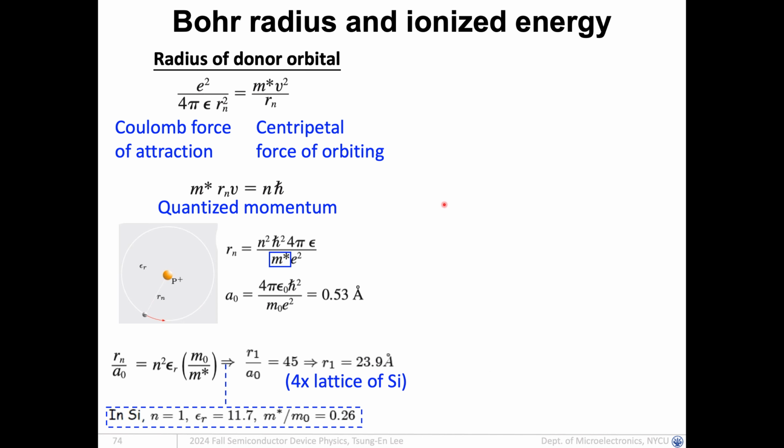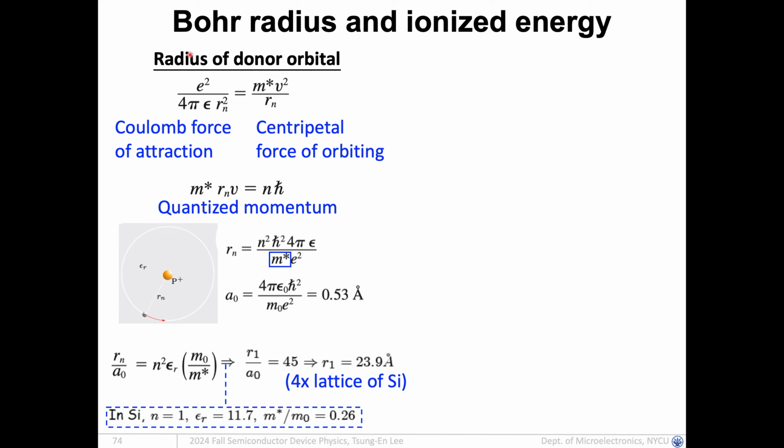Since there is a circular motion, we can use a simpler way to understand it from the Bohr radius and the Bohr ionization energy.